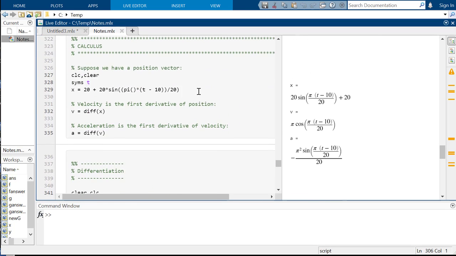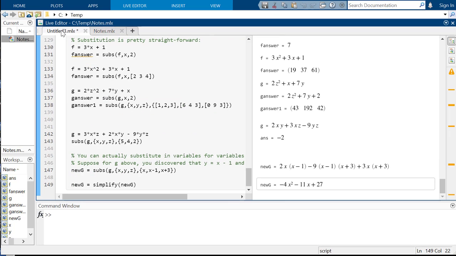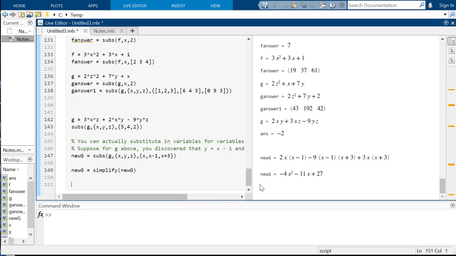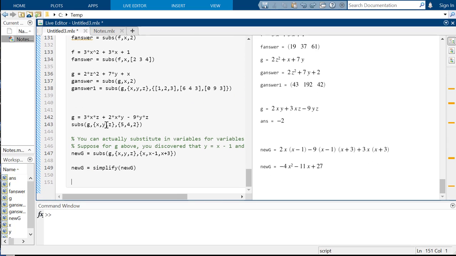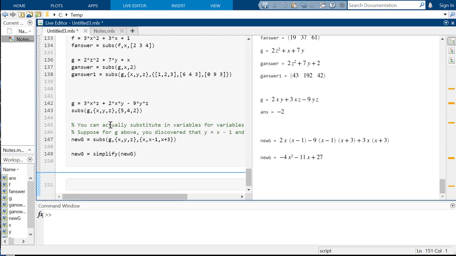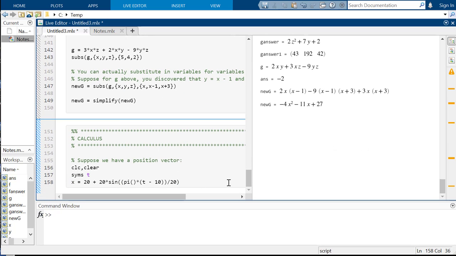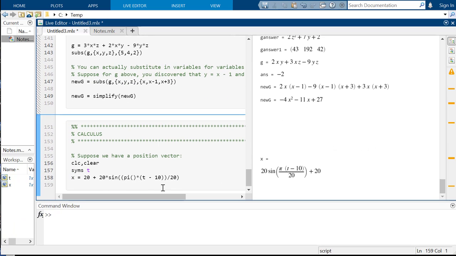But now let's also talk about calculus. You can actually do calculus in the symbolic toolbox, which has probably got some of you thinking, I know how I'm going to get Cal 2 done. The idea is if I have x equal to something. So here we go, this is a displacement function.